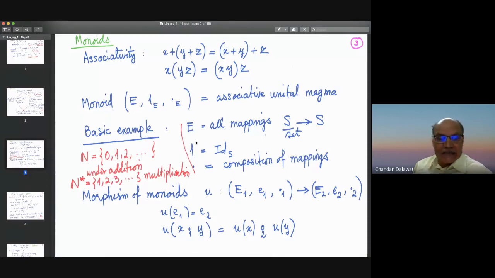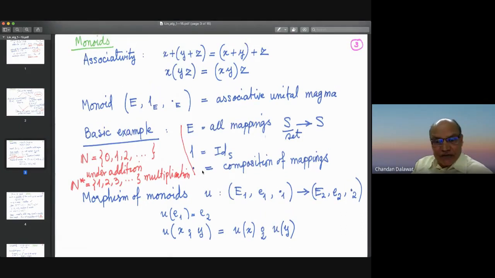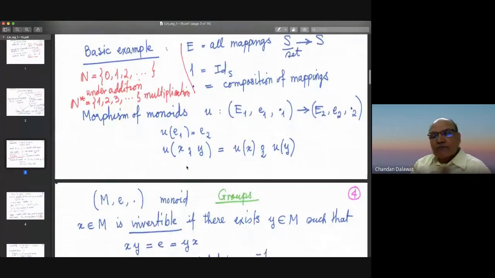Okay, so this is an exercise which I should have written. One of the ways to verify whether you have understood these concepts is to check that whenever you are given a monoid E and an element little x of that monoid E, there's a unique morphism from the monoid N of natural numbers to the monoid E, which takes 1 to x. Okay? So there's a unique morphism satisfying this condition.